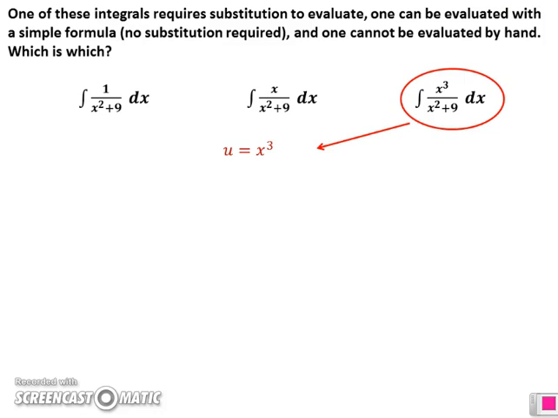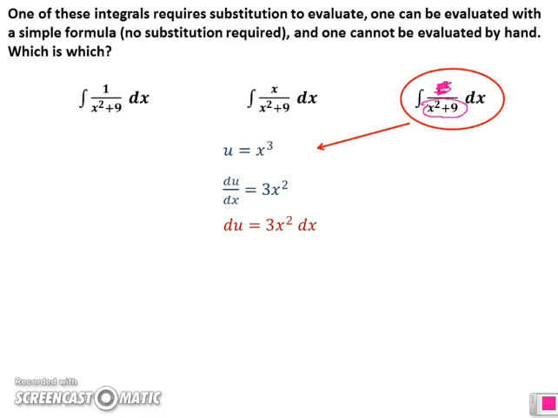We try u equals x cubed. So then if you take the derivative of that with respect to x and then multiply by the dx, you want to get the dx with the x on the same side. Notice that it doesn't work. We have this taken out, we've got u right there, but we have this x squared. X squared plus 9 is an expression that can't be played with.